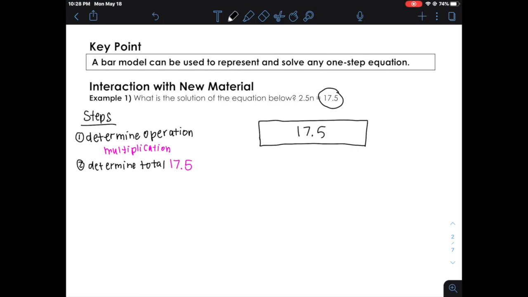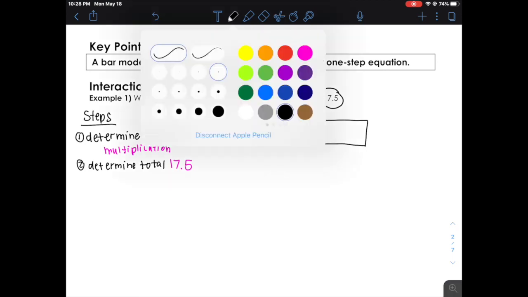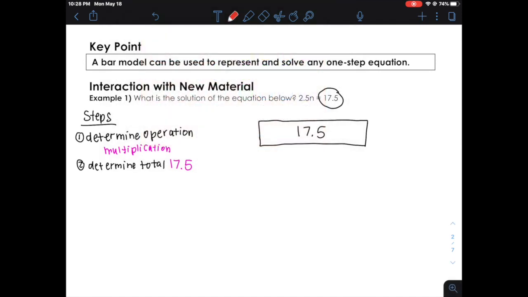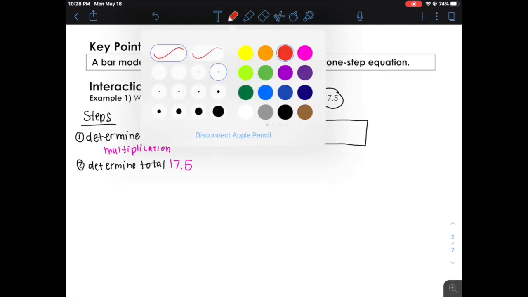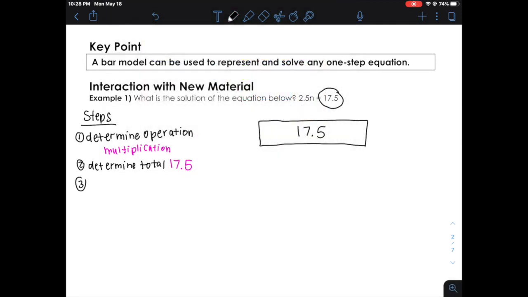Label it. Okay, and now this is where these are harder ones like we did yesterday on the level 2 problems. So now we have to figure out the number of groups. So step 3, determine number of groups. Okay, we want our number of groups to be our variable, which in this case is n.